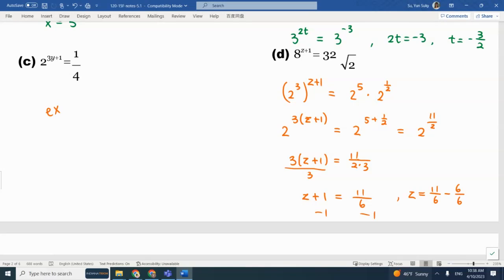You're subtracting 1, so you take the common denominator 6. 11 minus 6 is what? 5 over 6. So z is 5 over 6. So this part is harder. Hard to do, everybody? Okay, good. So keep going.